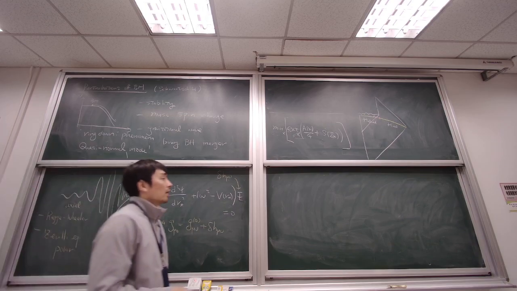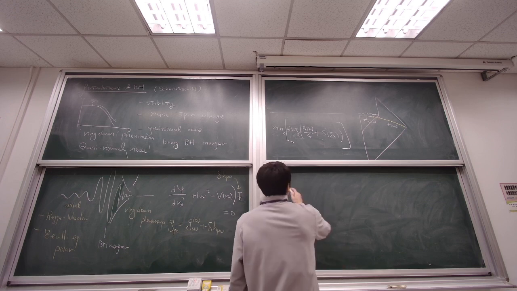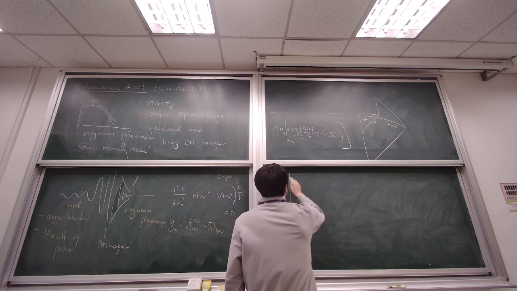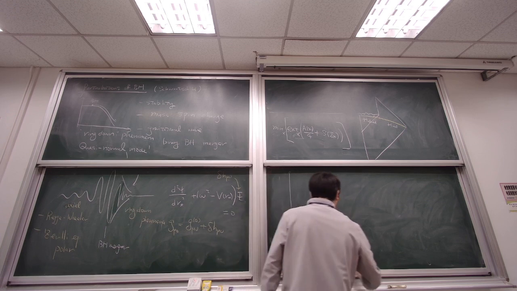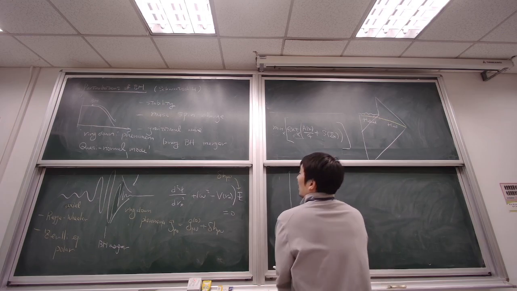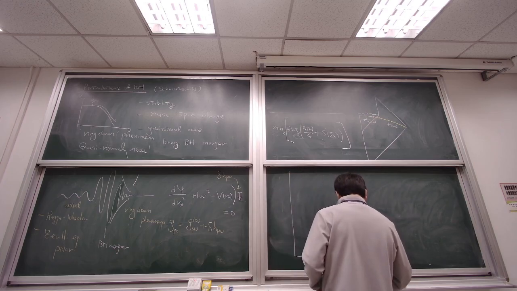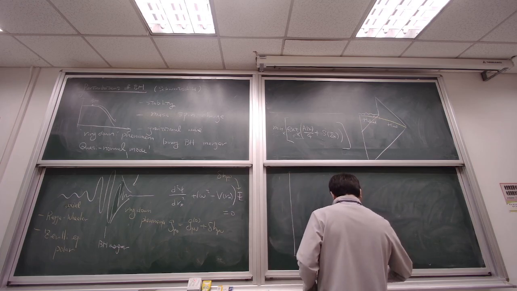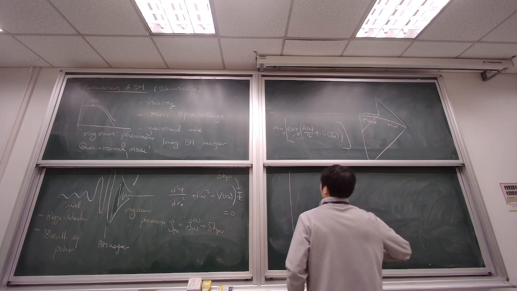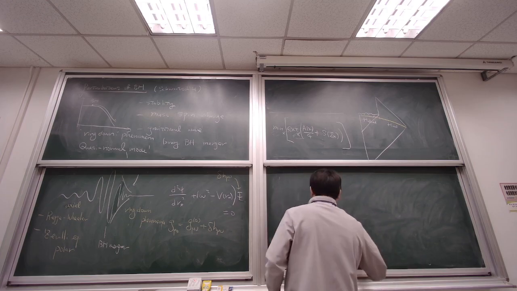So let me give you some rough story, because it's better to motivate the students first on why we consider this. So the quasi-normal mode is this. This is R star, R or whatever. Let's consider first V. V is something like this one.